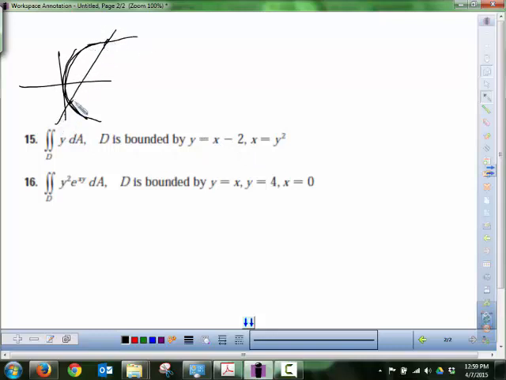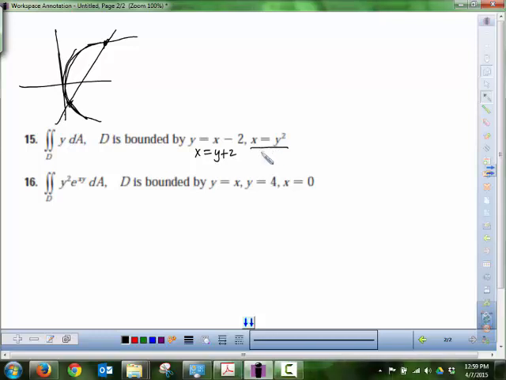It'll probably be hitting at a couple of points over here. We're going to be interested in finding those points, so we should find a way to set them equal to each other. Normally we would set y's equal to each other, but this x has a y squared, so I would want to solve for x and set the x's equal to each other. So let's see, x is equal to y plus 2, right?